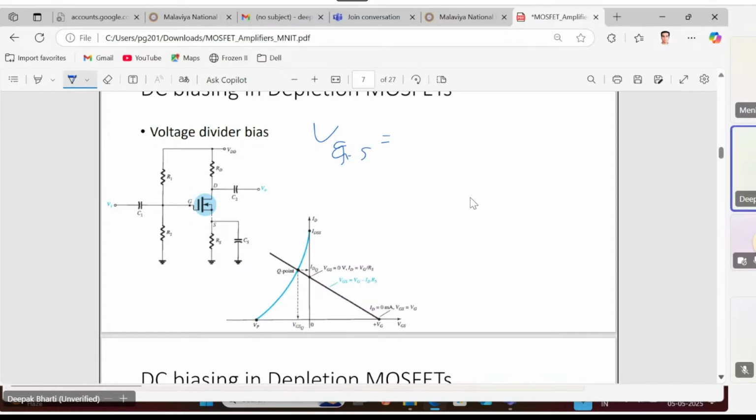So VG we can write as the voltage divider of VDD on R2, that is R2 upon R1 plus R2 times VDD. That becomes my VG, minus VS. What is VS here? It is again IDRS.